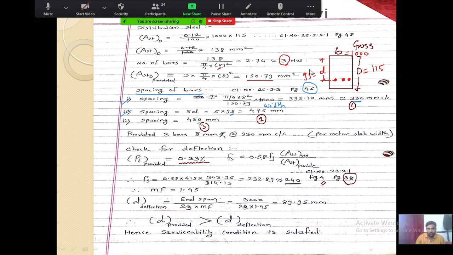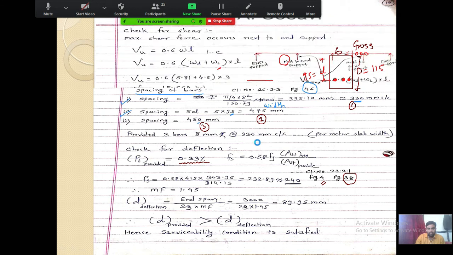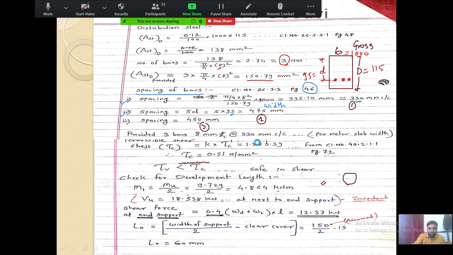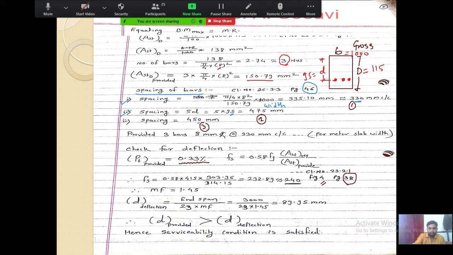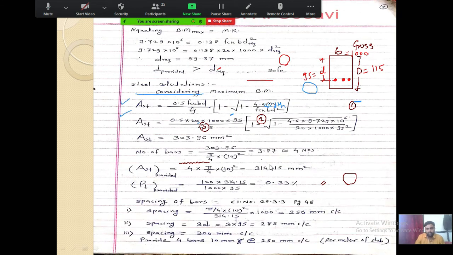I think somewhere here we have done the calculation. See, what is the required? This is our required value.